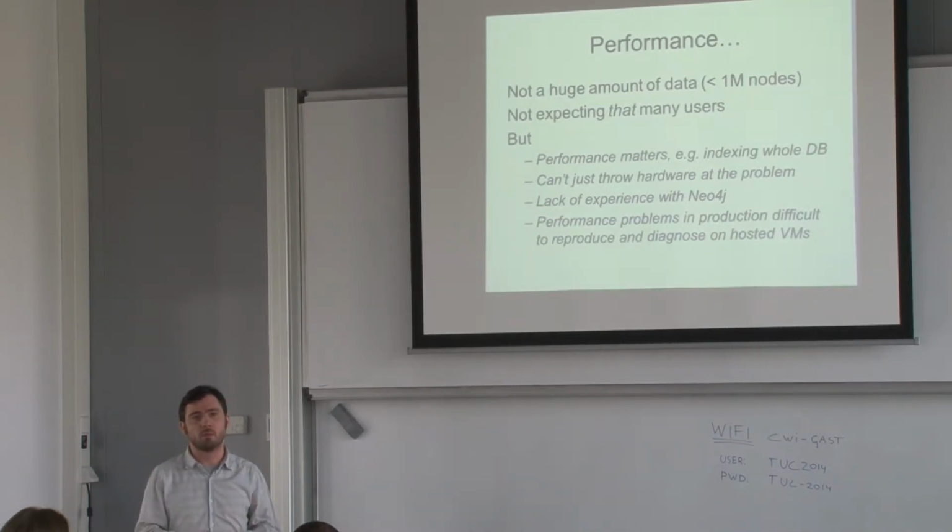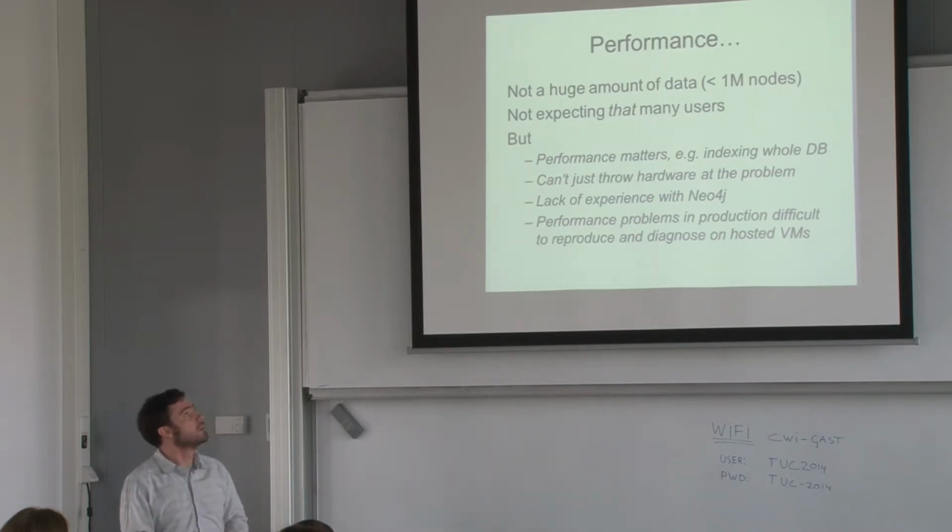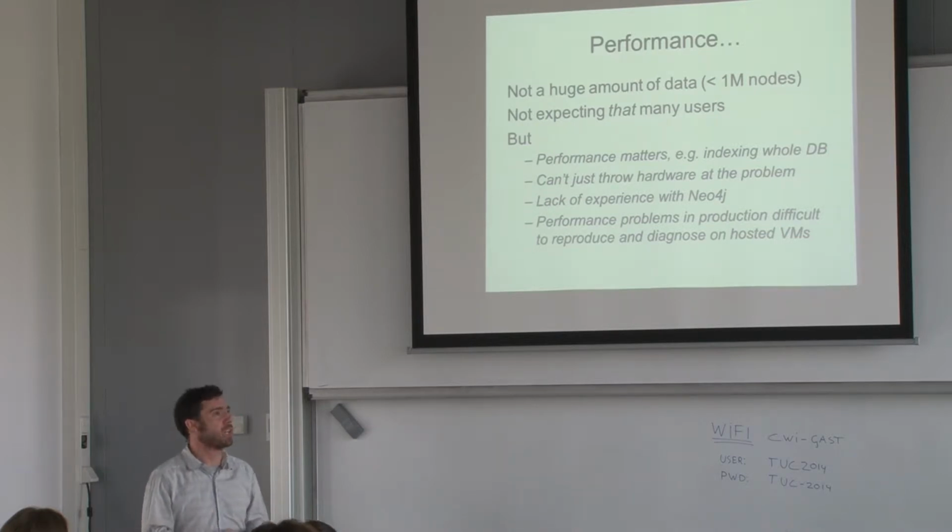Performance problems tend to be difficult to track down, mainly because the servers we're using are managed by someone else, and I think a lot of them seem to be cold caches in Neo4j, and the servers lying to us about how much memory they have. But unfortunately, we can't just order up another 8 gigabytes of RAM and throw that in and fix everything. So we do have some genuine concerns there about trying to get the best performance out of the graph.